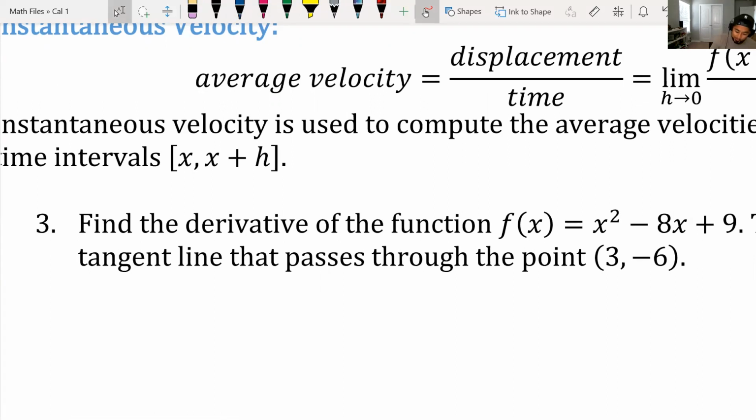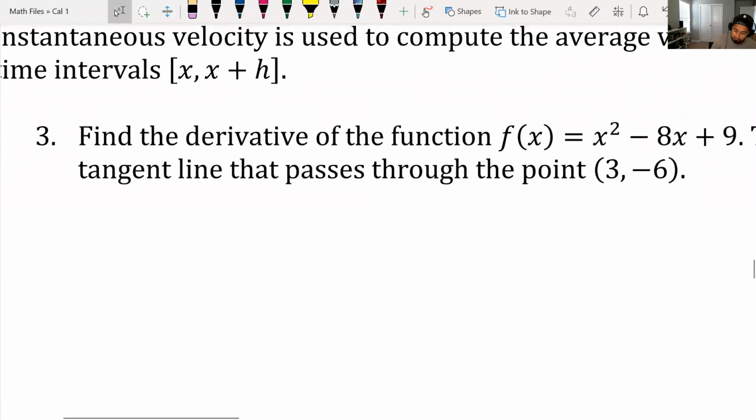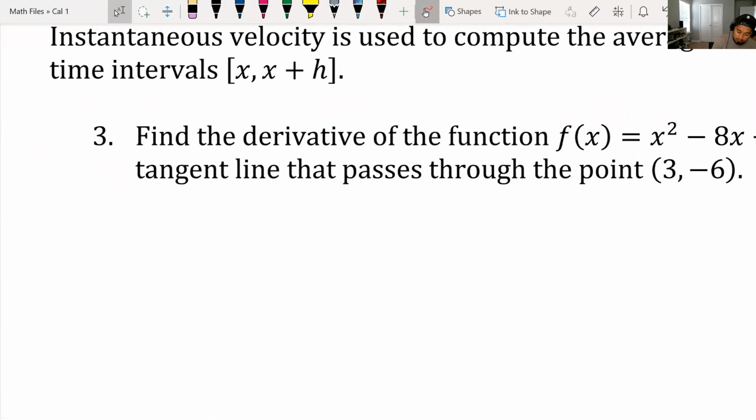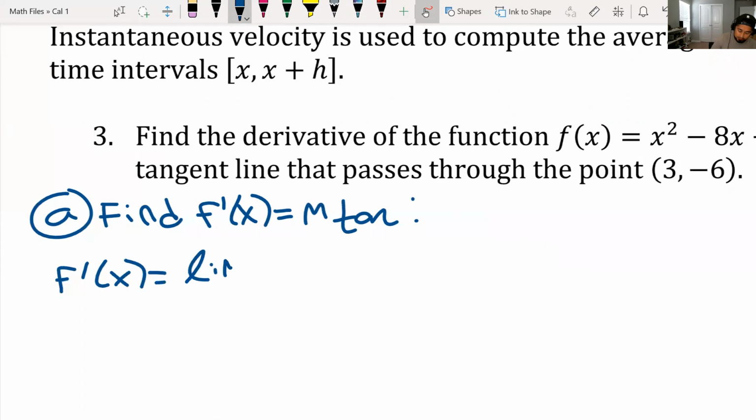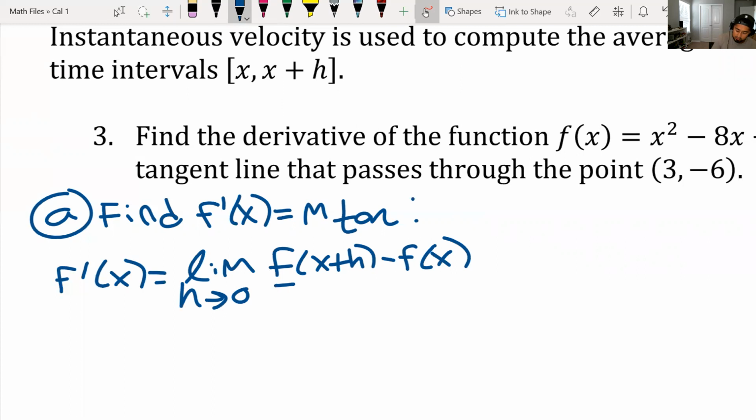We'll call this part A: find f prime of x, which is also the slope of the tangent line. f prime of x is equal to the limit as h approaches 0 of f of x plus h minus f of x, over h.